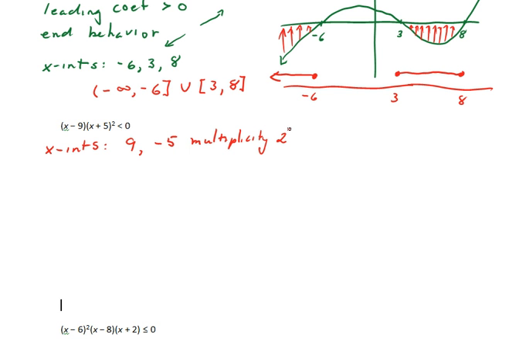And so the graph is not going to cross the x-axis at -5. So let's say this is -5 and 9.